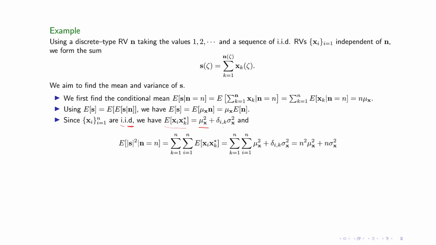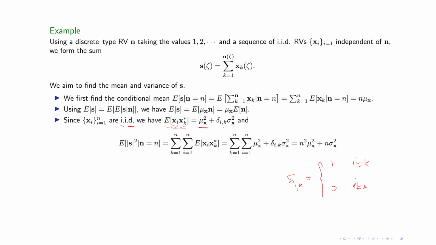So this delta ik is equal to 1 if i is equal to k, and is 0 if i is not equal to k. If they are not equal to each other, they are uncorrelated, so the mean of the product becomes the product of the means because they are independent. But if i and k are equal, this is going to be the variance plus the mean to the power 2.